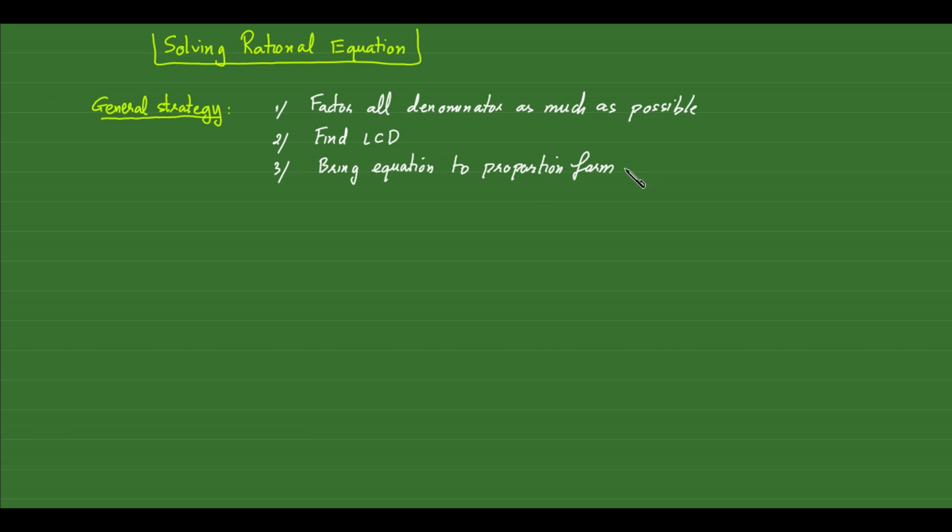So the proportion will be in this form: A over C equals B over C on both sides. Then the last step is to set A equal to B and solve for the variable x. There you go. So this is the general strategy of solving rational equations.